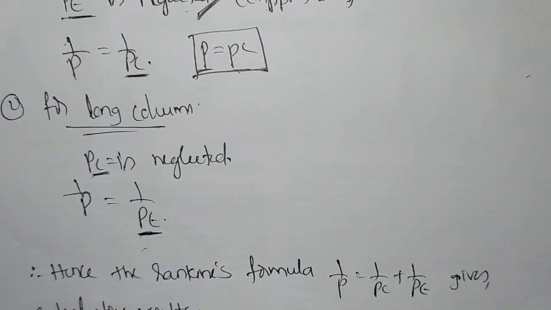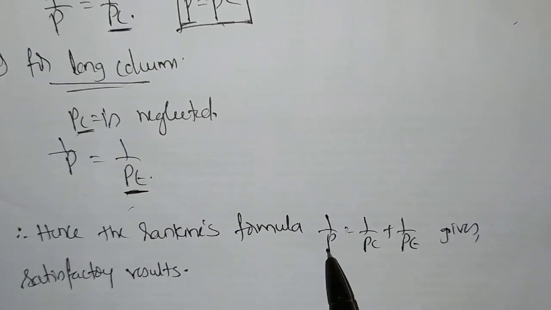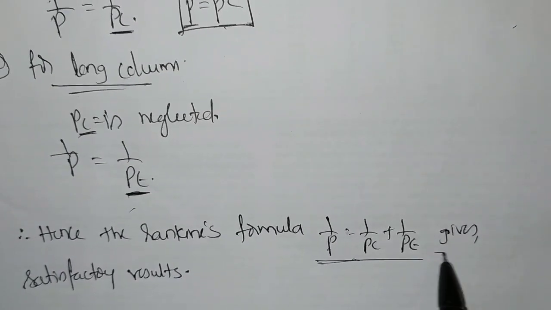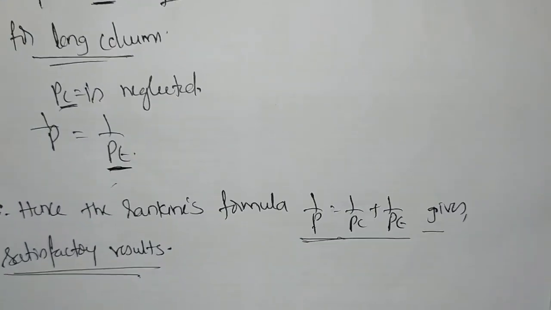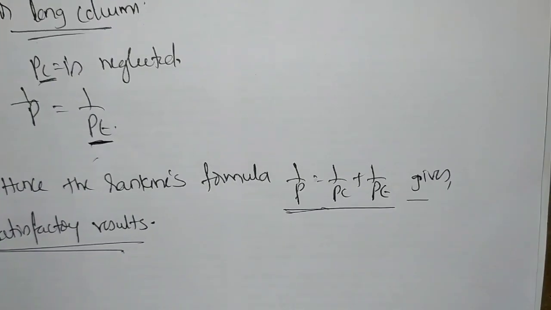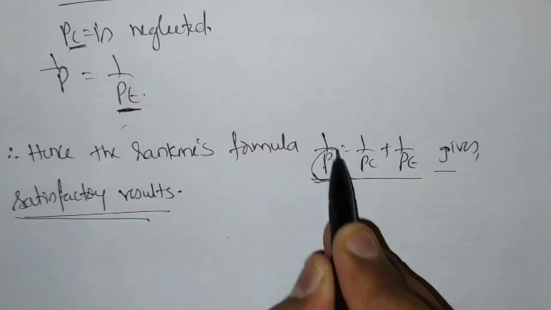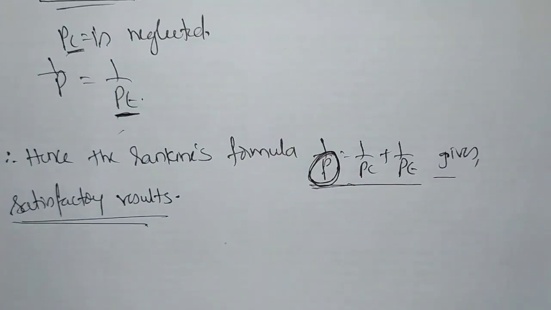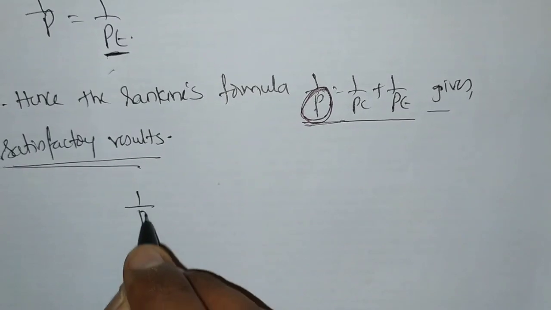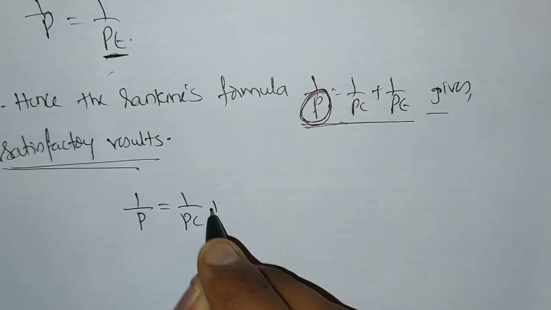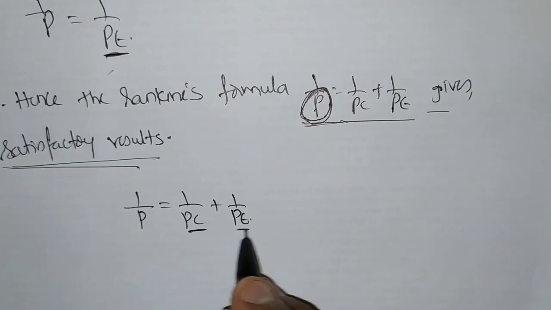So it is proved that Rankine's formula 1/P = 1/Pc + 1/Pe gives satisfactory results. Now we will find the value of P. Rankine's formula is 1/P = 1/Pc + 1/Pe, where Pc is the crushing load and Pe is the crippling load.